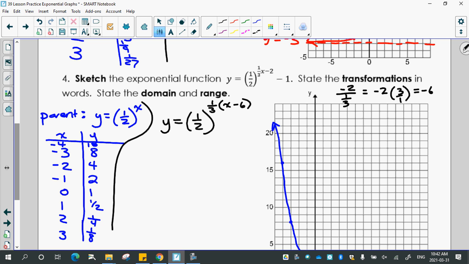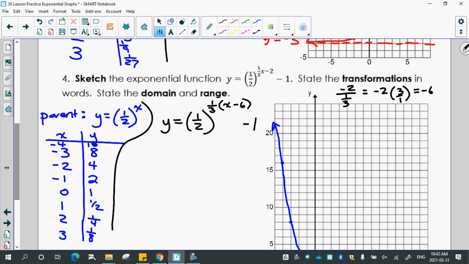Okay? And then remember, you can always test yourself if you distribute: a third times x is a third x, and 1/3 times -6 is -2. So you know you've got the factoring right. Okay? And then we have -1.